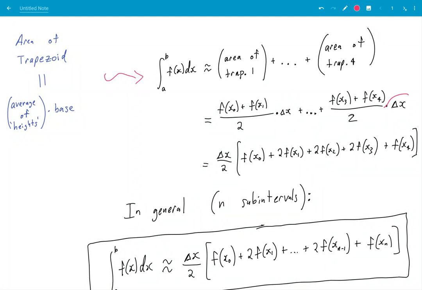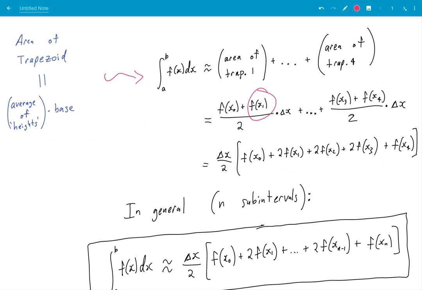I factor out the delta x over 2, and I collect like terms inside the square bracket, and what you get is this thing here. You may want to copy this out to see the details, but the idea is that f of x1 is going to appear twice, since it appears again in the next term, which I haven't written.